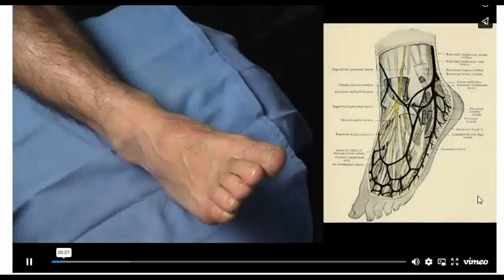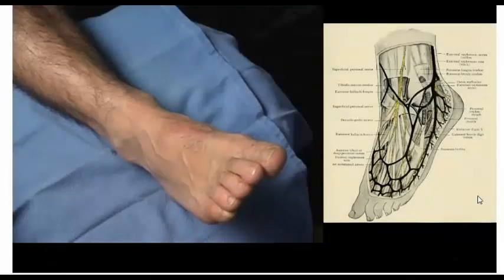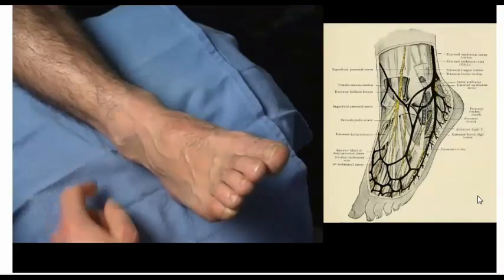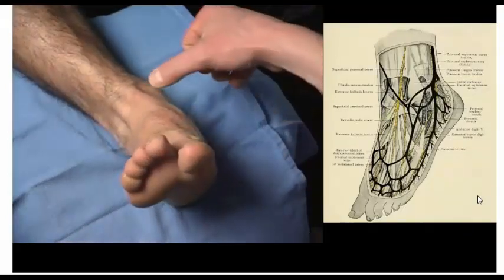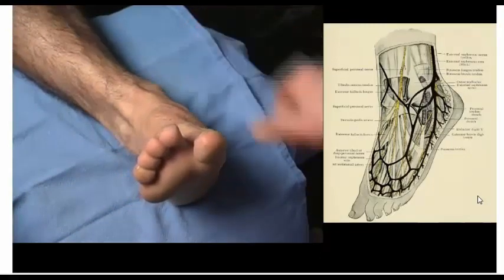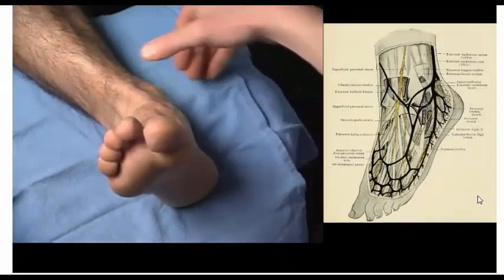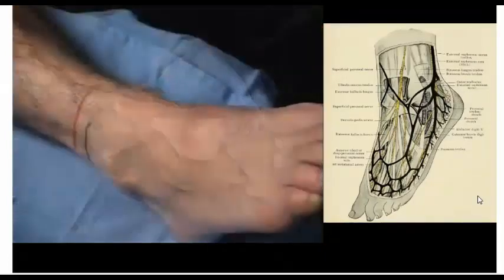The superficial peroneal nerve is superficial and runs along the anterolateral portion of the ankle. It can be blocked by subcutaneous injection between the superior portion of the lateral malleolus and the tibialis anterior tendon. The tibialis anterior tendon can be located by having the patient dorsiflex the foot and invert the ankle. It is the most prominent tendon.